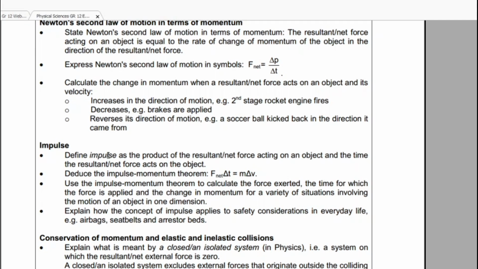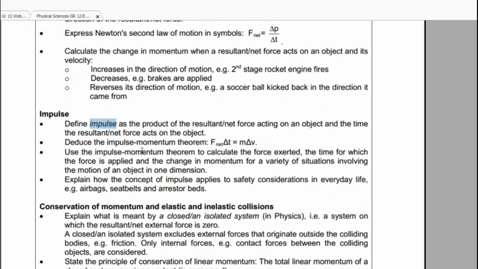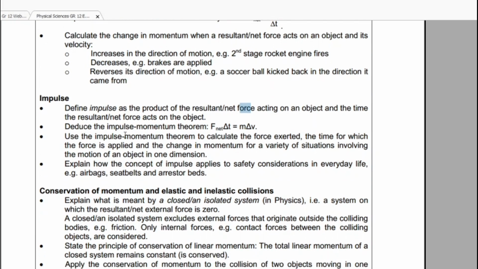But this is the definition. To secure marks, make sure you give the definition as asked, right? Impulse is the product of the net force acting on an object and the time the net force acts on an object. So if you know the force acting on an object and the time that force is acting on it, then you can calculate impulse by taking the product of the two, right?